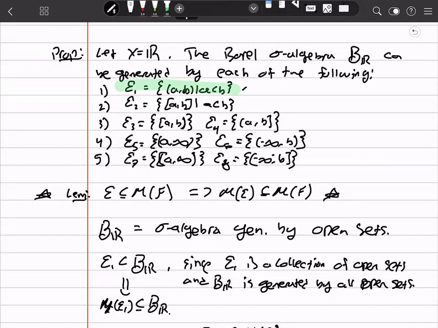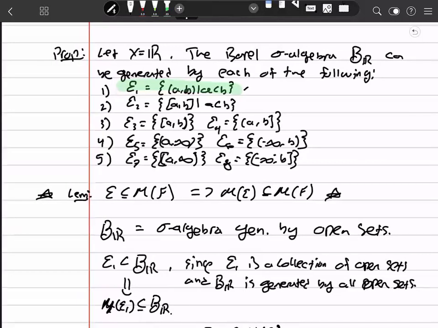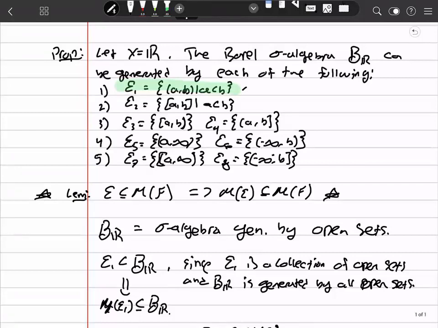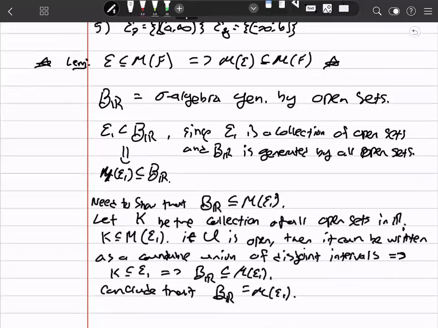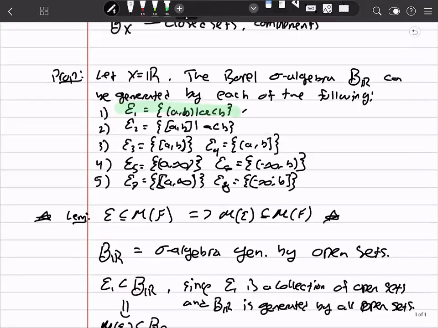The proofs of the other situations are similar. So for the second one, E2 is equal to the collection of closed intervals.